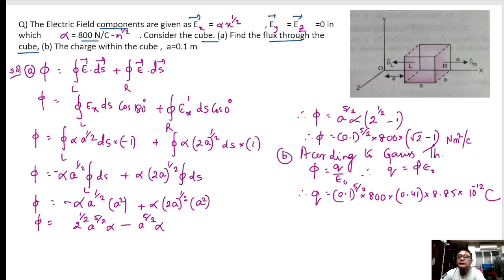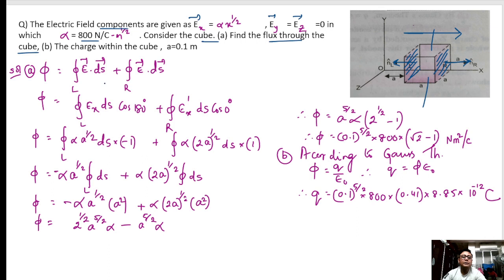At this surface the normal is like this, and at this surface the normal is like this, and the electric field is moving like this. So there will be no flux from this surface or this surface, and sideways, only along the x-axis we will count.